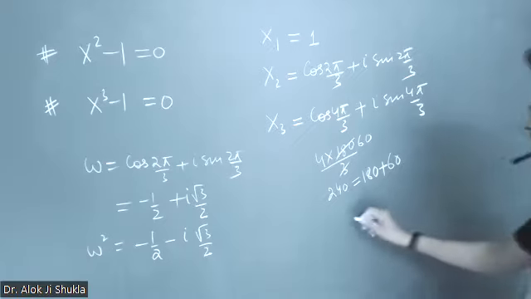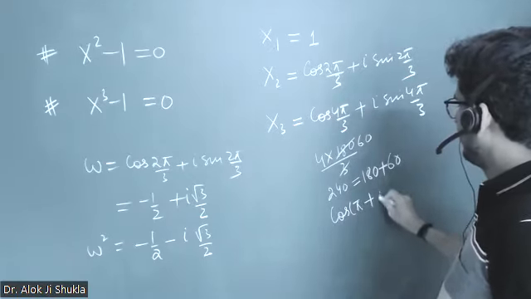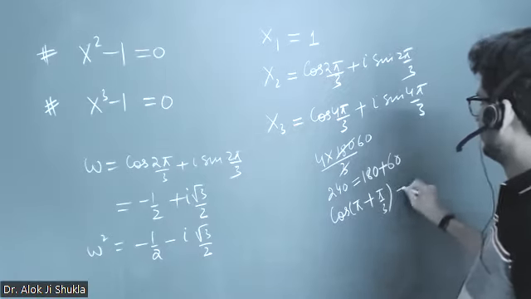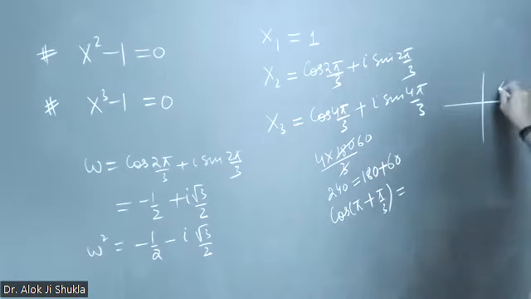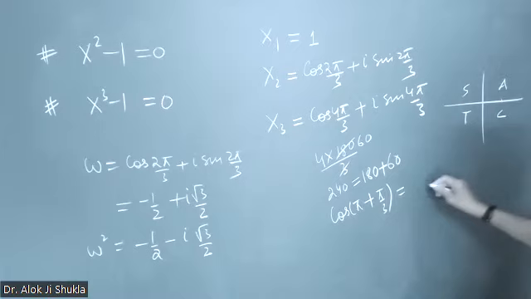So if I write cos of pi plus pi by 3, please see this, ASTC, this is pi and this is pi by 3, it will go in this quadrant, it will become minus cos pi by 3. Yes or no? This is better.